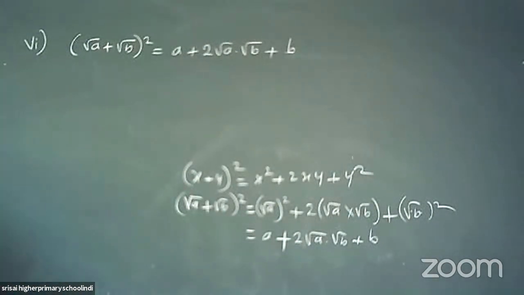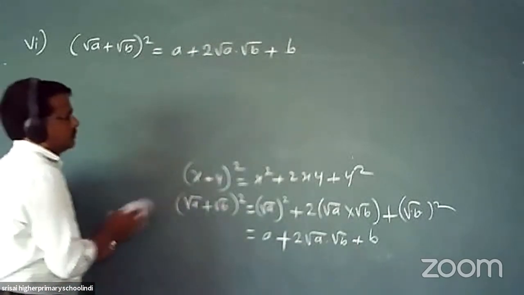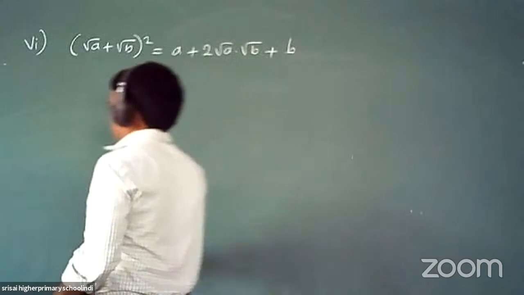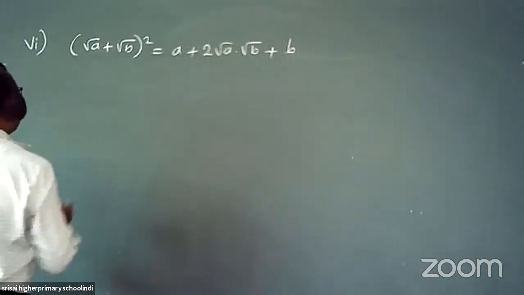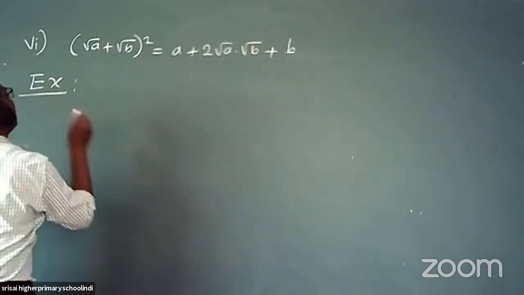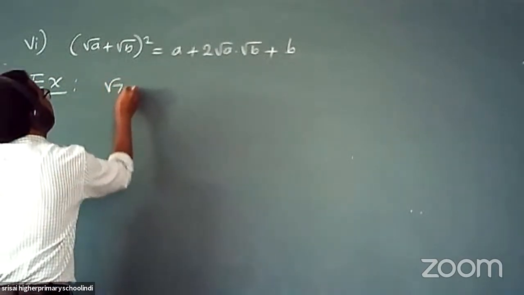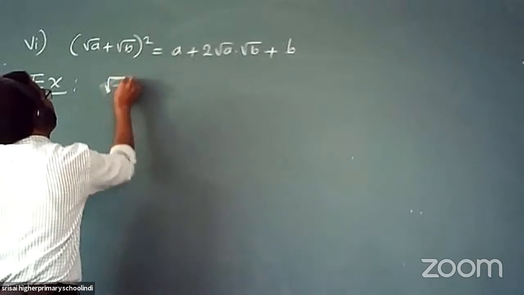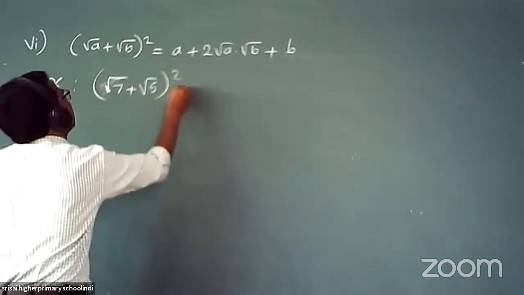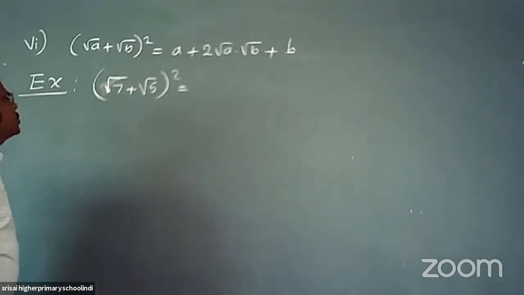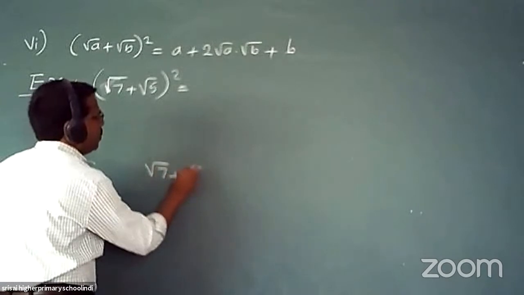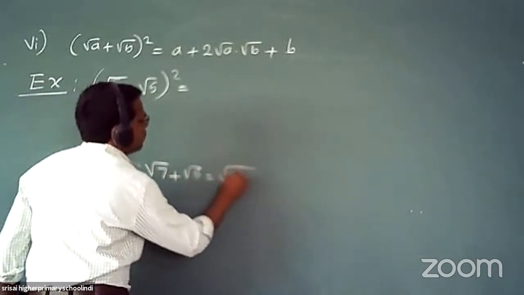Now I shall see one example. Example: (square root of 7 plus square root of 5) bracket square equal to. Say students, don't think square root of 7 plus square root of 5 will be square root of 7 plus 5.